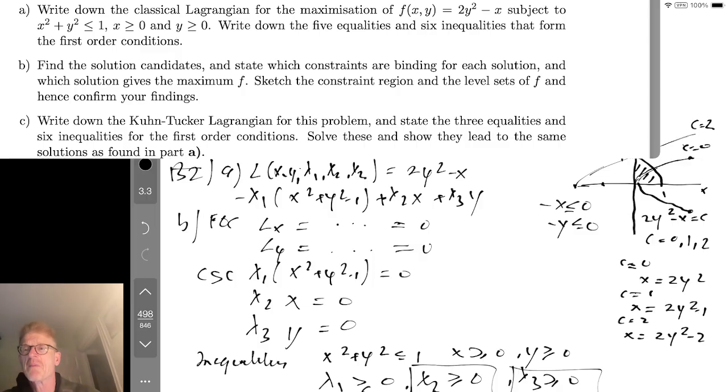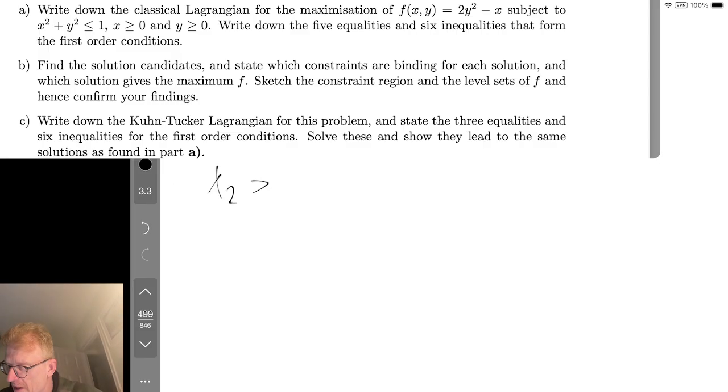Sorry, I don't know what happened there. They wanted a software update in the middle of making a movie. So important here is that lambda 2 is bigger than or equal to 0.